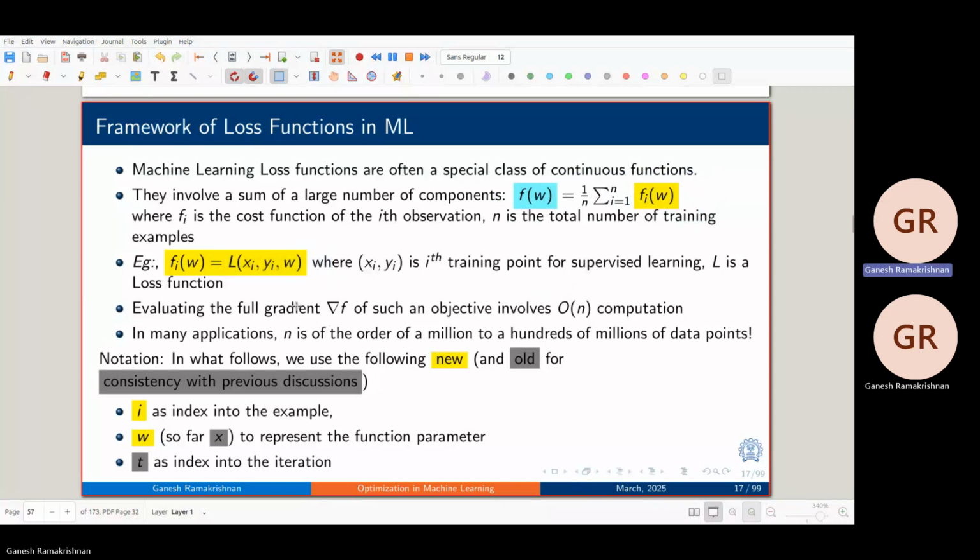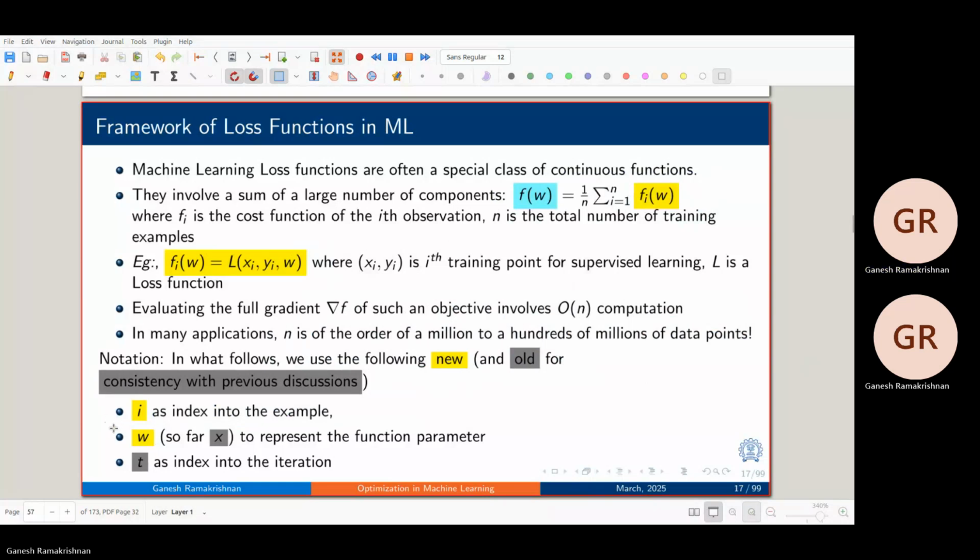So instead of an order n computation over all the n points, which could be of the order of hundreds of millions of data points, what we do is we change the notation. So the new notation is i is an index into the example. So just note the change in notation. Now we are looking at i as an example index, not as an index into the feature W.